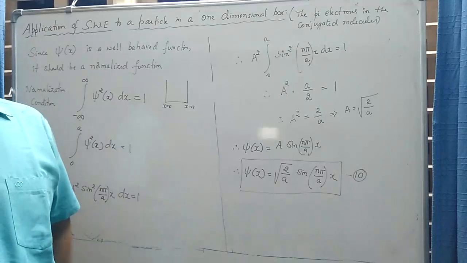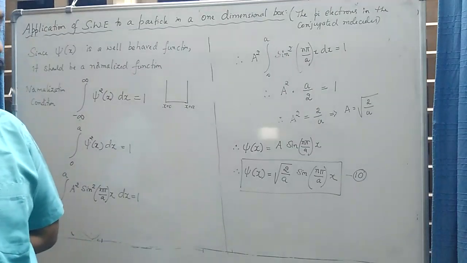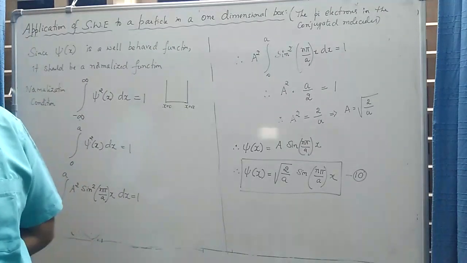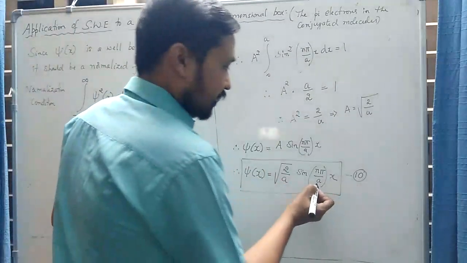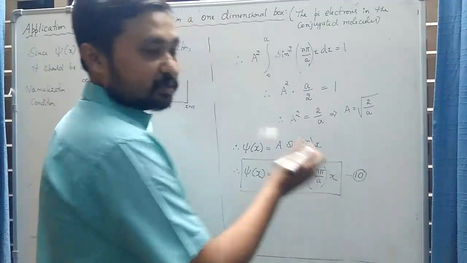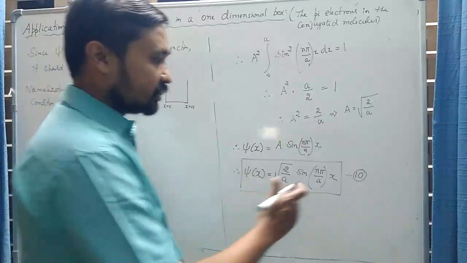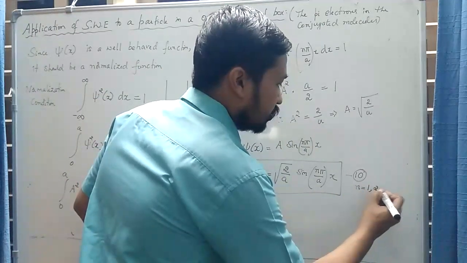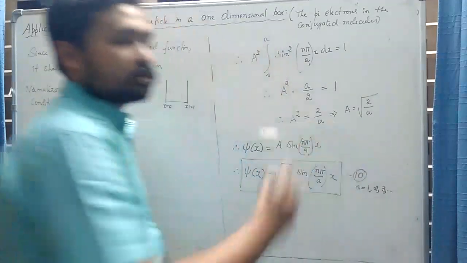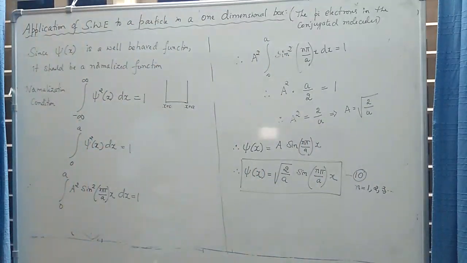So what is the expression? Psi of x is equal to square root of 2 by a into sine of n pi by a into x, where a is the length of the box, x represents the position of the particle within the box, and n represents an integer whose lowest possible value is 1. N cannot be equal to 0.